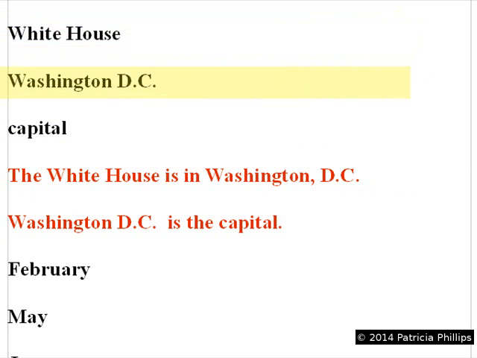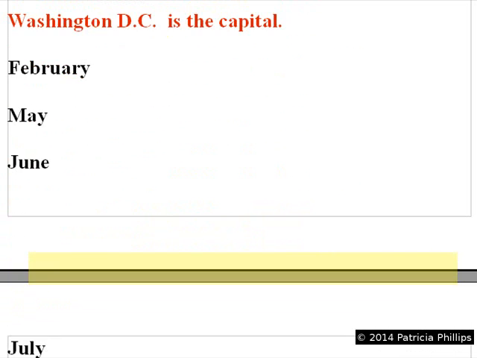White House, Washington, D.C., Capitol. The White House is in Washington, D.C. Washington, D.C. is the capital. Great job. Let's continue and throw in a few new words.